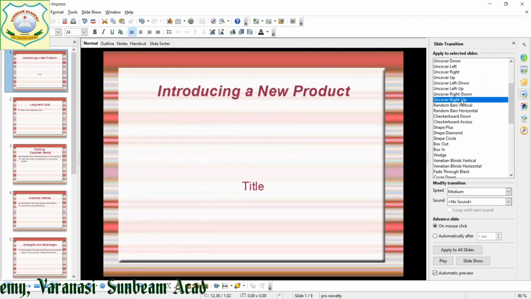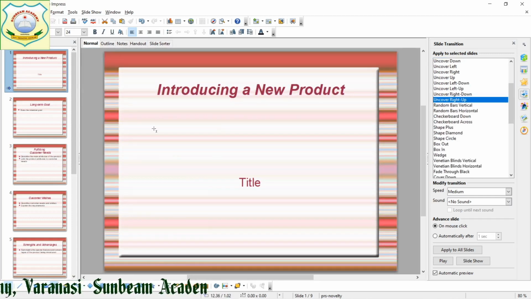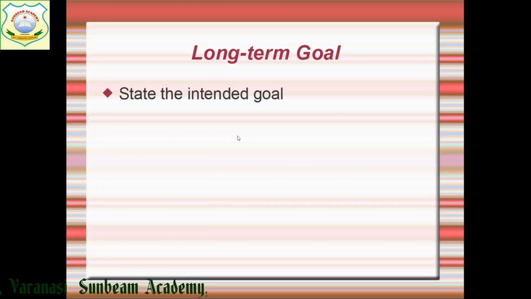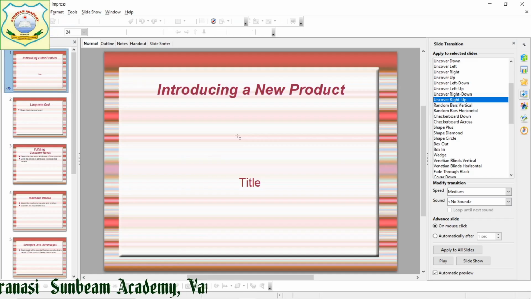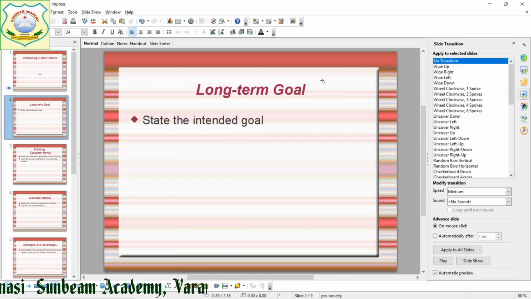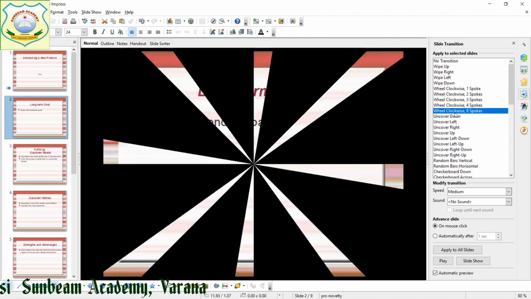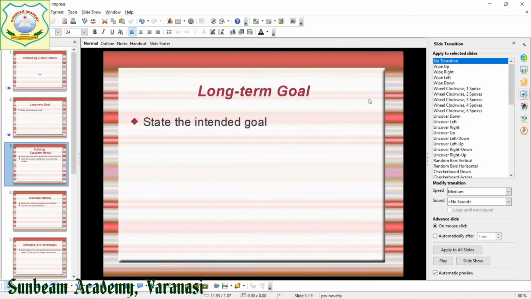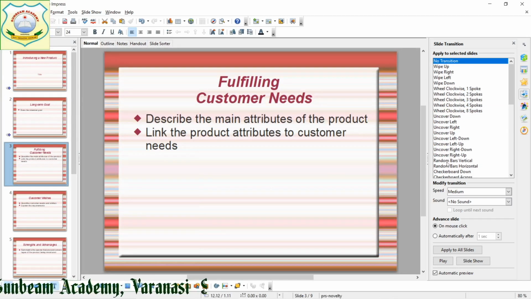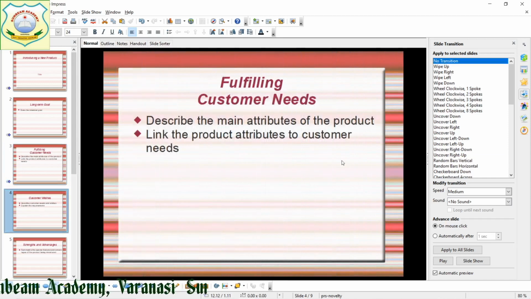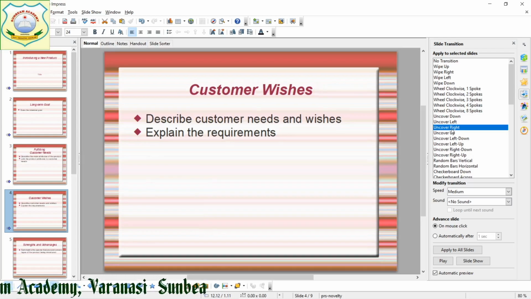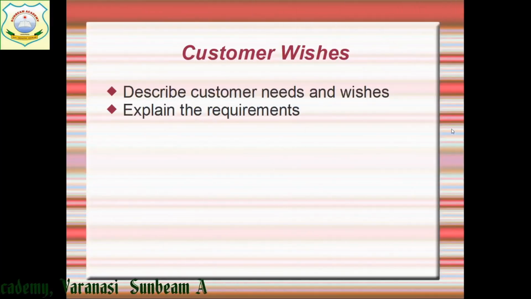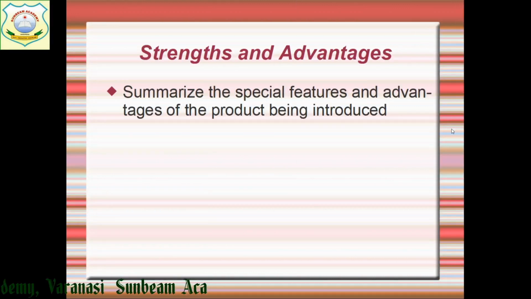For the first slide I have given this one, for the second slide I am going to give this one, then the third slide this one, and for the fourth I have given this one. When you run your slideshow, you will see how the first slide, then the second, is going to come.